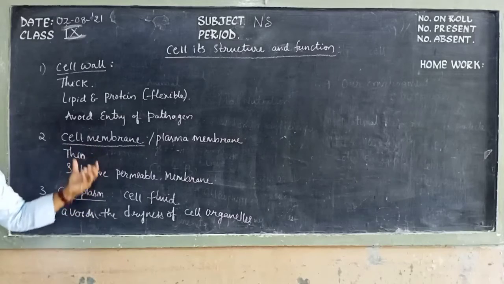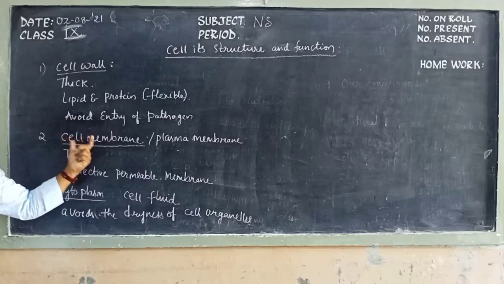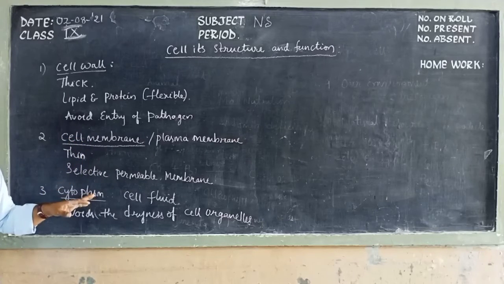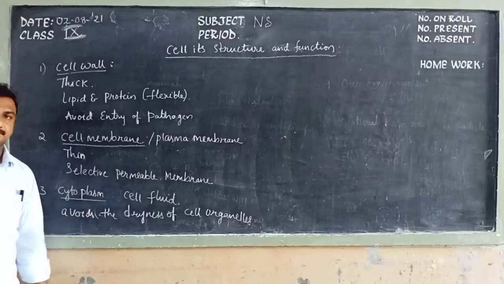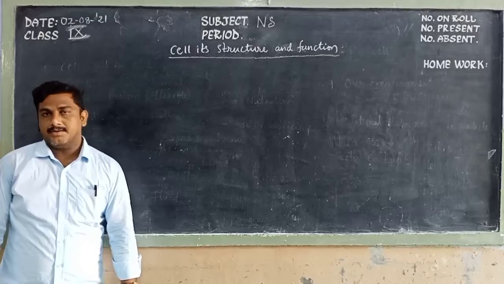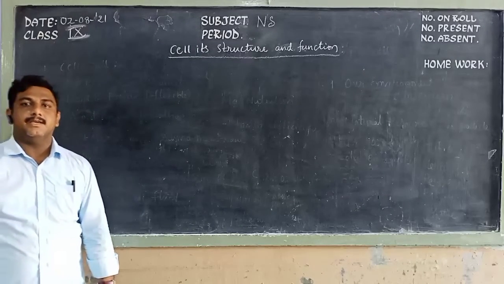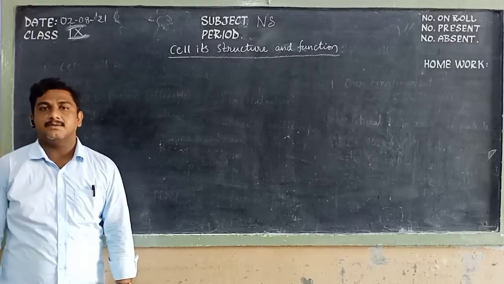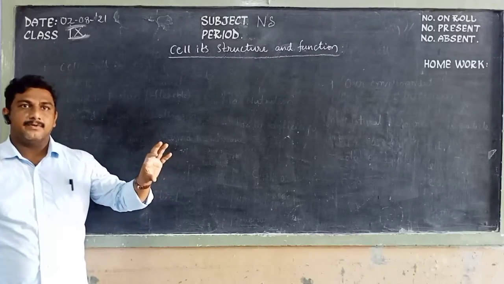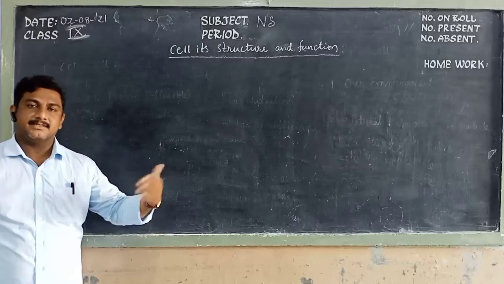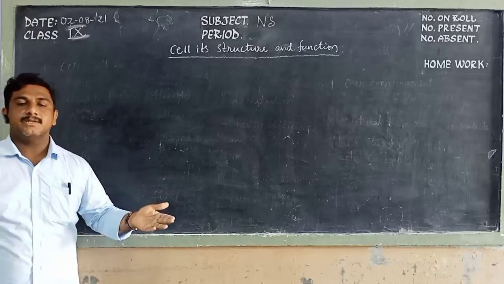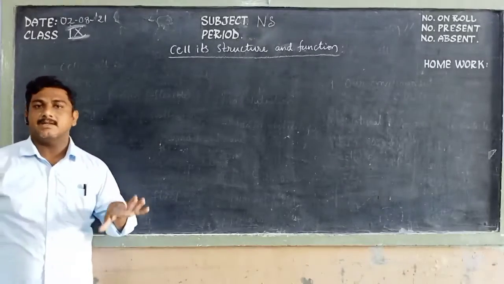So we will learn one by one what a nucleus is, what its function is, and what its structure is. Okay, children? Schleiden and Schwann proposed the cell theory: the cells can generate new cells from their own cells.